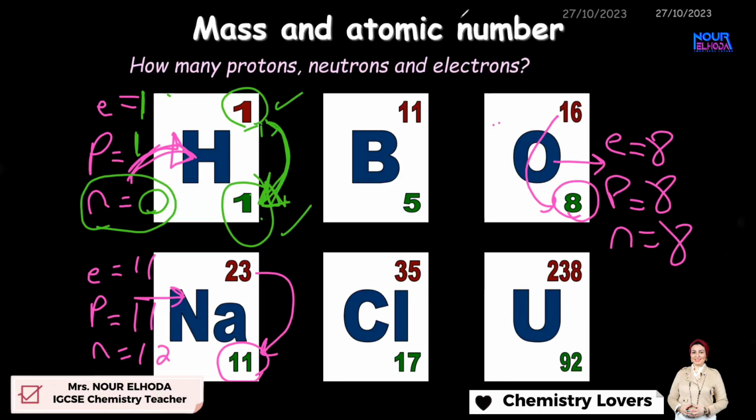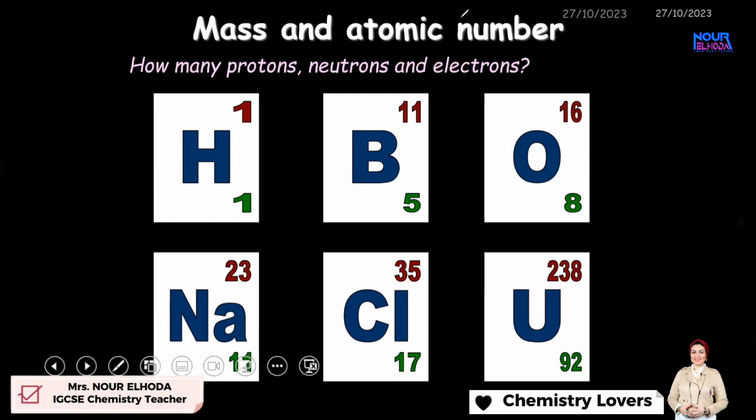Okay, يلا let's continue. Yes يا حلا. Can I answer? Yes, sure. Which one do you want? Chlorine? Yeah. يلا يا حلا, tell me. Electrons and protons is 17. Correct. Bravo.